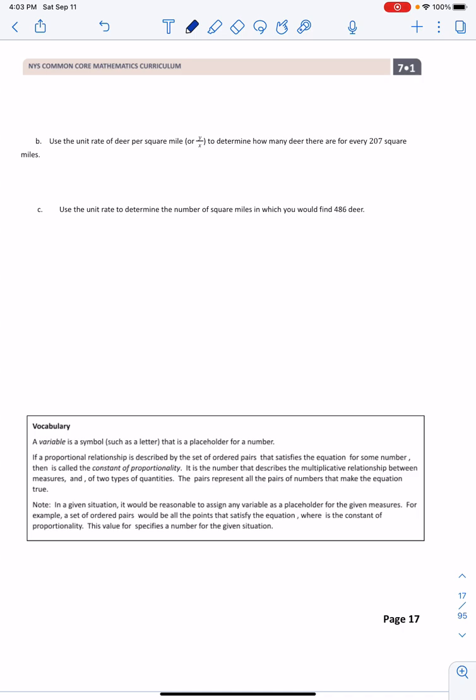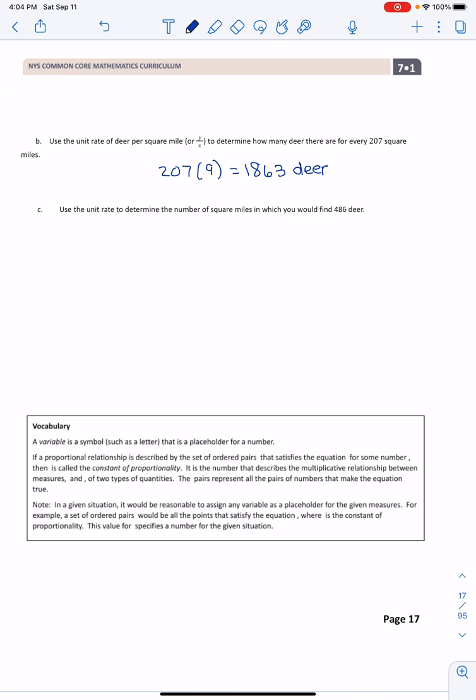So if I multiply 207 times 9, because remember there's 207 square miles, and 9 times 207, that means that there are 1,863 deer in 207 square miles. Because remember, it's 9 deer for every square mile.